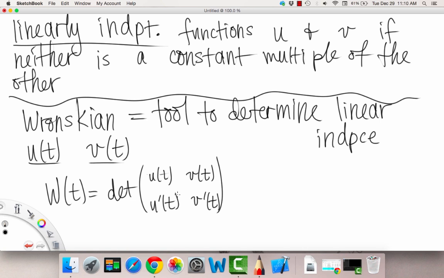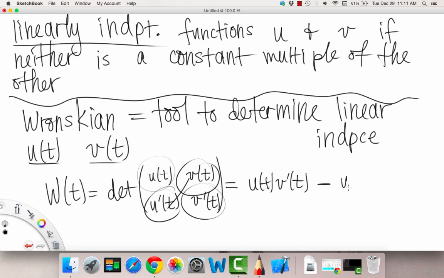To calculate the determinant, you take the product of the first diagonal, u of t times v prime of t, and subtract the product of the other two entries, u prime of t times v of t.